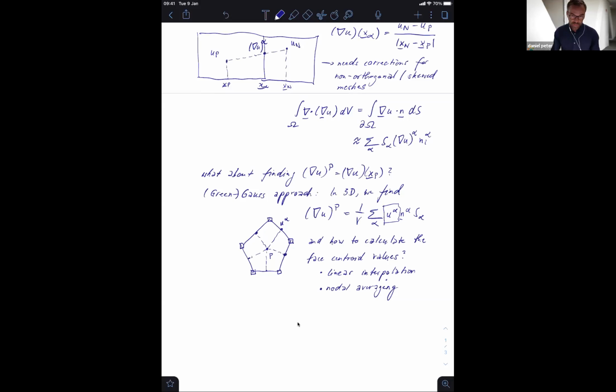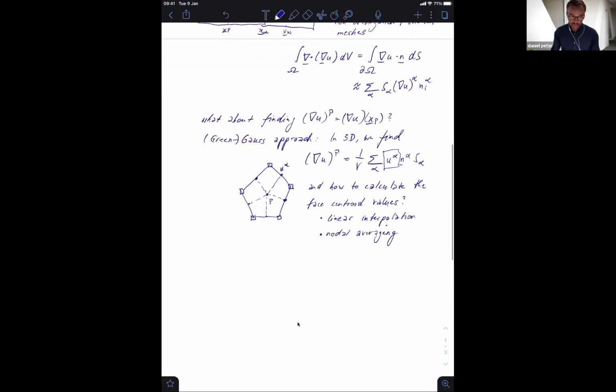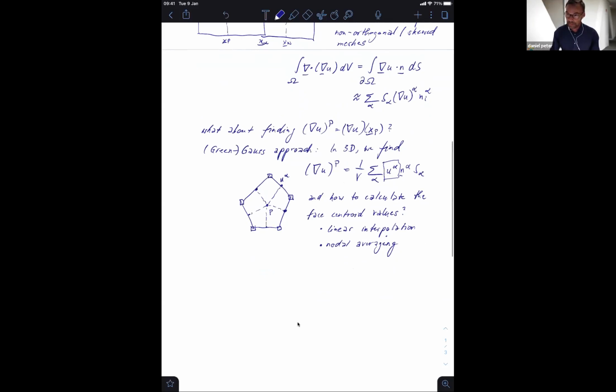A slightly different approach, which doesn't need this Gauss approach, is using a least square solution, finding the least square solution for the gradient. So there are a bunch of different schemes actually, which are proposed to obtain what these gradients would be.